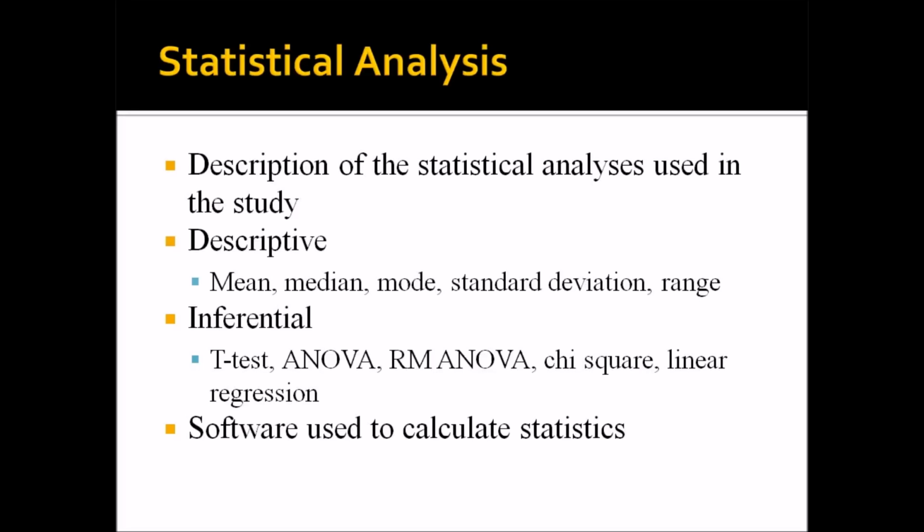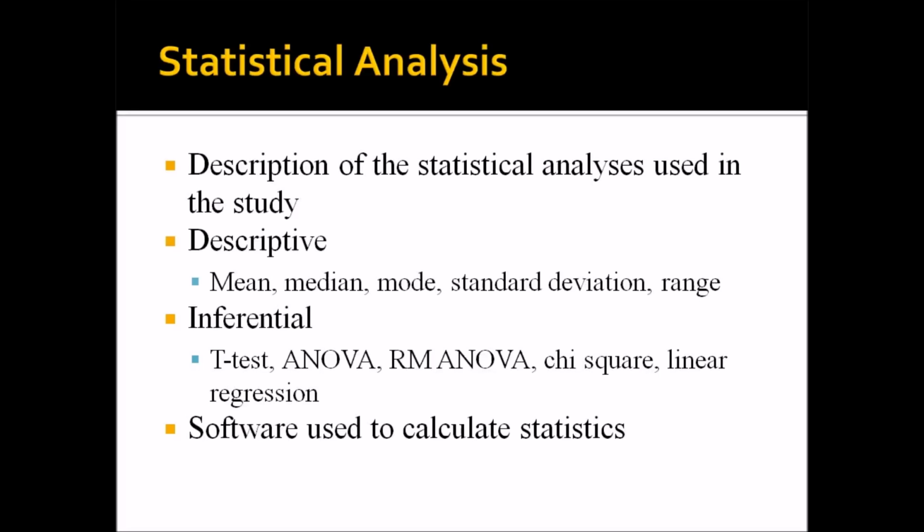I prefer to have a separate section as part of the method that discusses the statistical analyses. In this section, no results are reported. This is strictly just what statistics were used in analyzing the data.